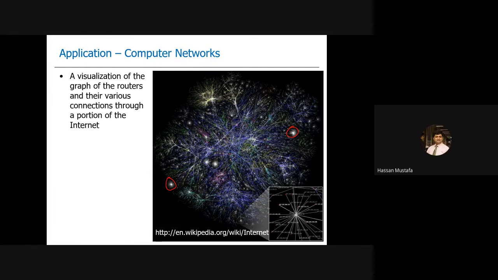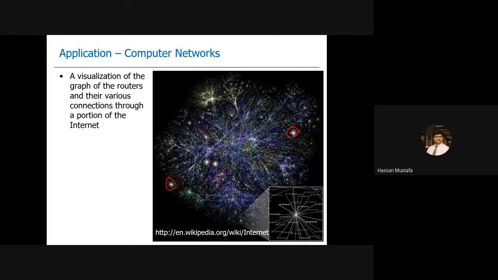This challenge is very important, because the choices we have are so many that we want an algorithm efficient enough to give us a result in a reasonable amount of time. We can save those results for some time, and then run the same algorithm again to update the weights, because computer networks change very quickly.